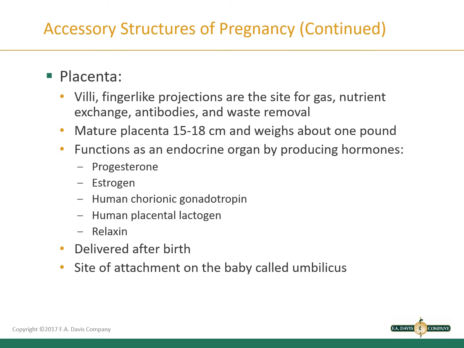The 4 main hormones produced by the placenta are called the human chorionic gonadotropin, HCG, human placental lactogen, estrogen, and progesterone. So they all play a different role and have a specific function during the pregnancy.